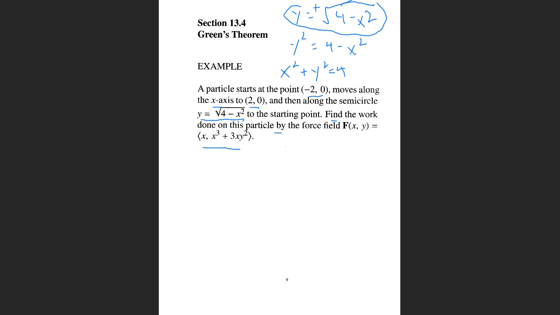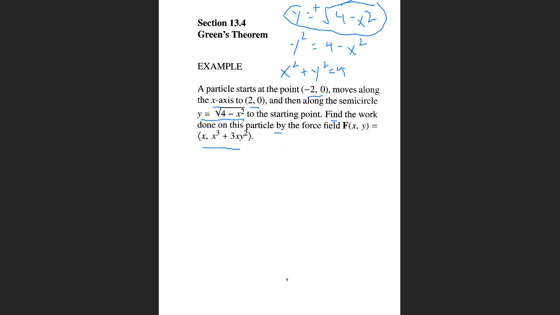So, I could try to use section 13.2. I could use the definition of work, that line integral definition of work, to compute the work. That would be the 13.2 approach.